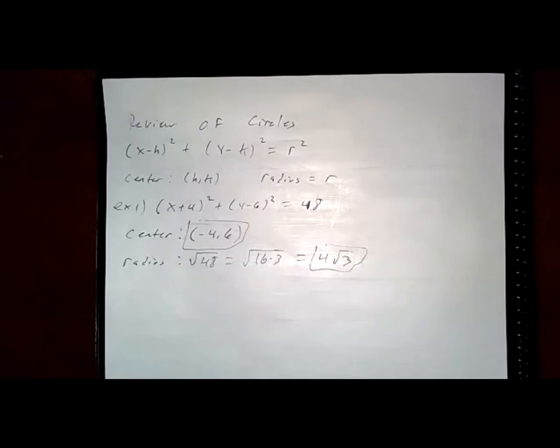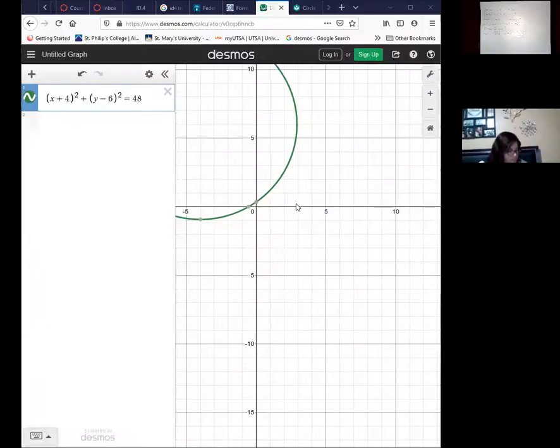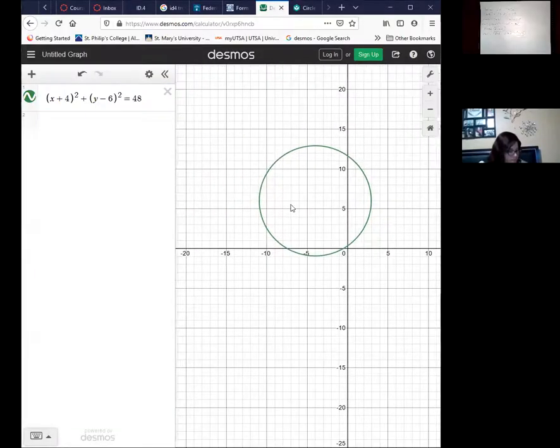Okay. Let me graph it for you. Equals 48. Okay. Now, so here's my circle.